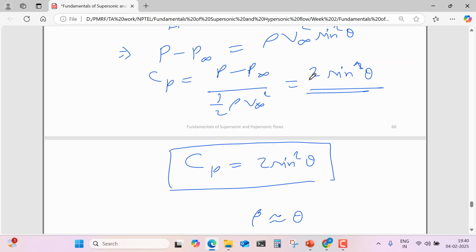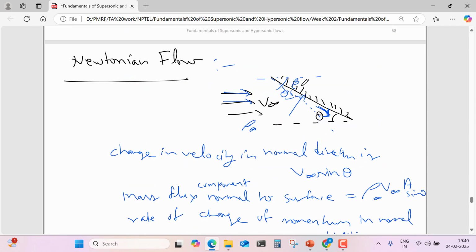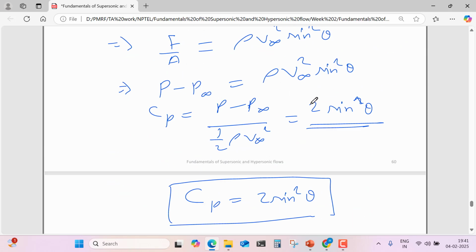So that's why in the hypersonic flow, almost all the momentum in the normal direction will be transferred to the body, which will give the Cp.